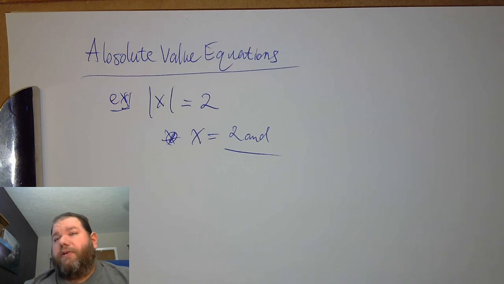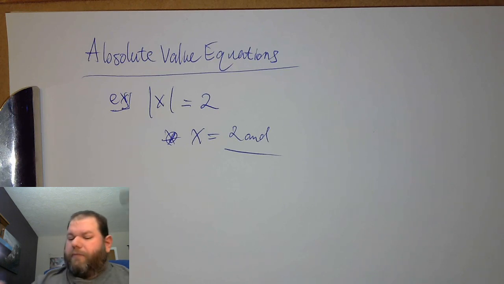Let's remember what absolute value means. Absolute value means the distance from 0 is equal to 2. It's not just on the positive side, it also means on the negative side of things. Okay, negative 2.